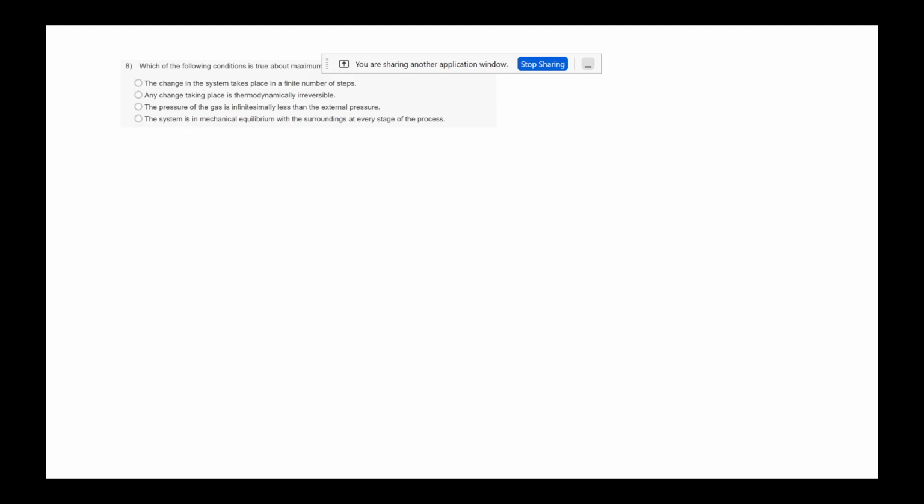Now, maximum work means the options are: the change in the system takes place in a finite number of steps. So, finite number of steps means you have to do it quicker, right? You have to do it quicker. But whereas this will be irreversible.